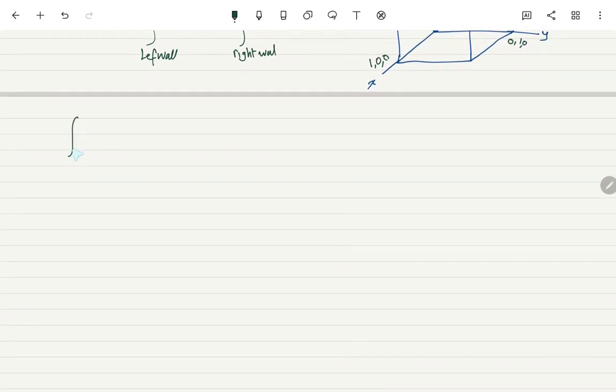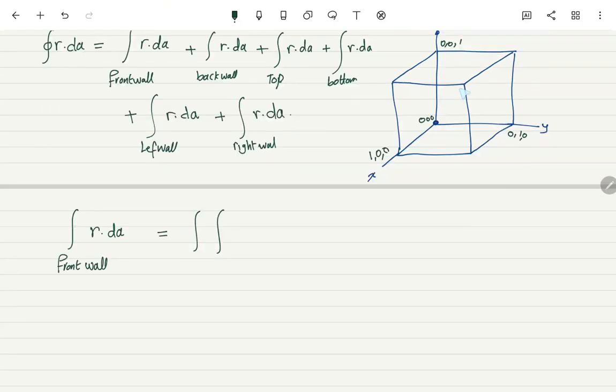The integral over the front wall of r dot dA. Since this is the area, it has to be a double integral. This is the front wall, right here, and the area is in the YZ plane.